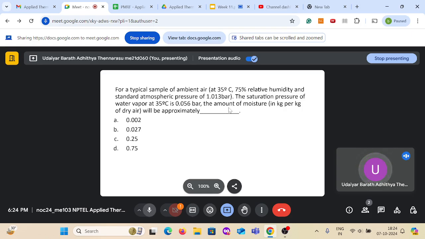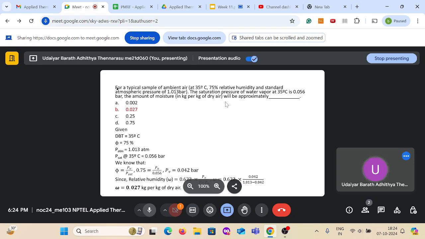We need to find the amount of moisture in kg per kg of dry air. So we'll see how to solve this. Given: dry bulb temperature 35 degrees Celsius, phi is 75%, total pressure 1.013 bar, and Psat at 35 degrees Celsius is 0.056 bar.